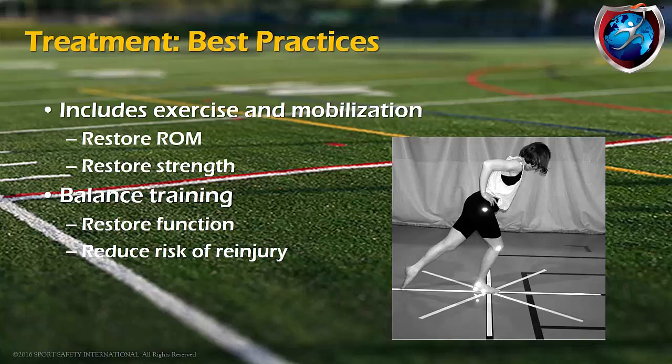Currently, best practices for management of ankle sprains include exercises and mobilization techniques to restore range of motion and strength to periarticular musculature and balance training to restore function and reduce risk of re-injury.